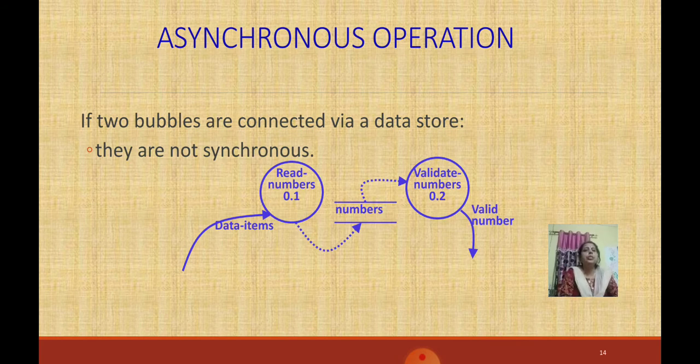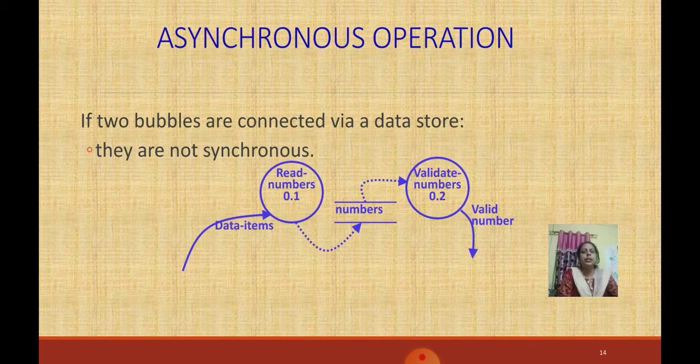Then asynchronous operation. If two bubbles are connected via a data store, they are not synchronous, that is known as asynchronous. In this example, the two processes are connected through a data store, so it is known as asynchronous.